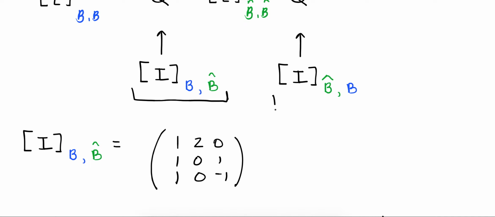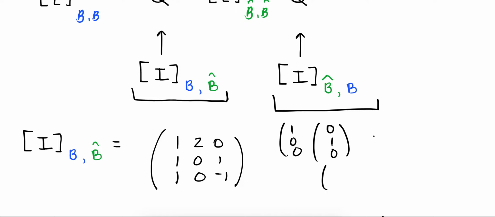The other one is a little more complicated to figure out. You're putting the standard basis in, and you're writing it in terms of this basis here. So the standard basis is 0, 1, 0, 1, 0, 0, and 0, 0, 1.